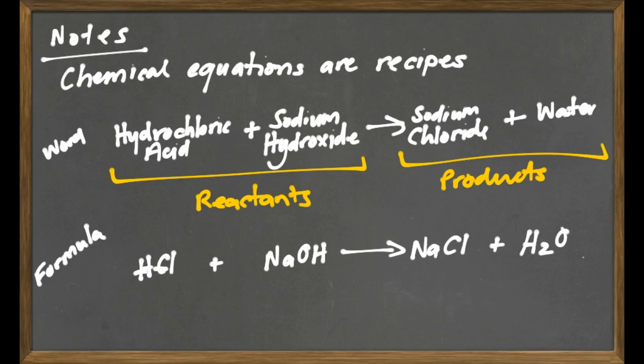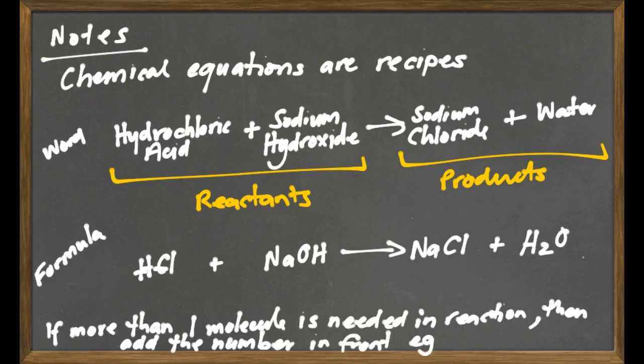If you see a big letter and a little letter together, they are one symbol together. Lastly, if more than one molecule is needed in a reaction, then add the number in front. So for example, if you have 2 hydrochloric acids, you put a 2 in front of the HCl, which means 2 lots of HCl.